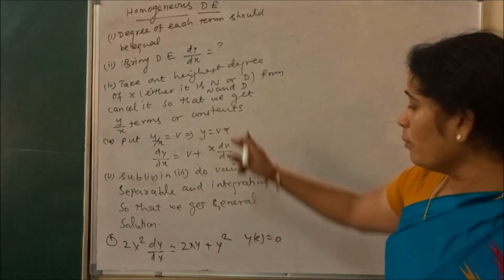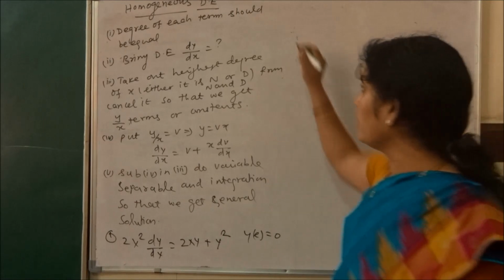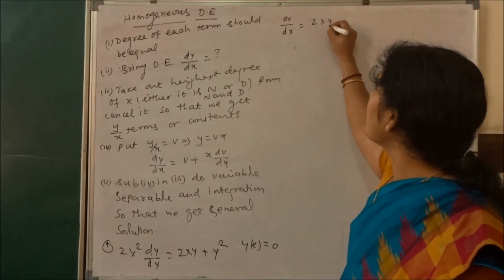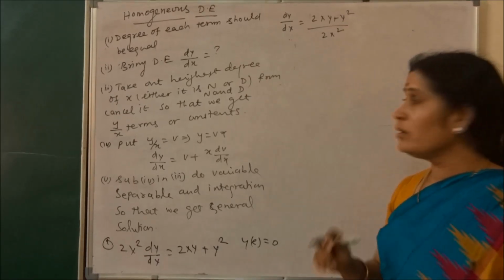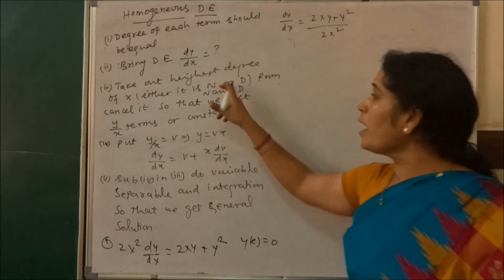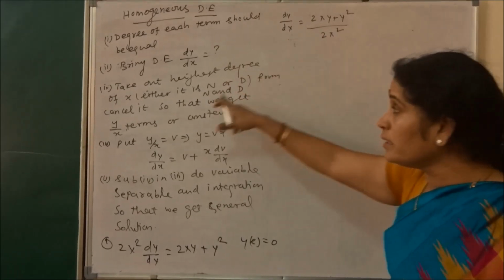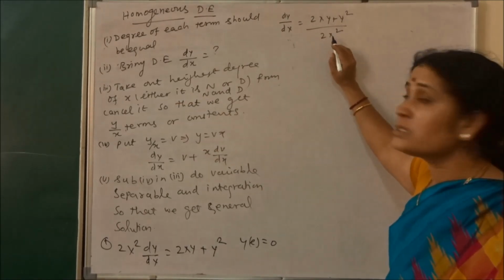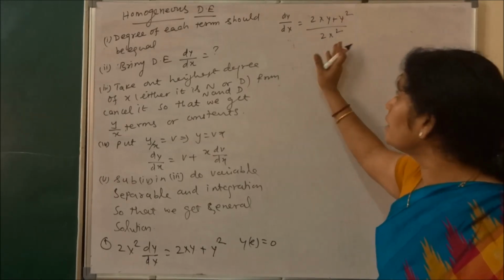Okay, fine. Now come to step number 2. Bring the differential equation into dy by dx equal to something. Now dy by dx is equal to 2xy plus y square, the whole upon 2x square. Clear? Now another step: take out the highest degree of x. See, the highest degree is x square, either in the numerator or the denominator. In this question the highest degree is in the denominator, so I will take x square from the numerator also, and x square in the denominator also.